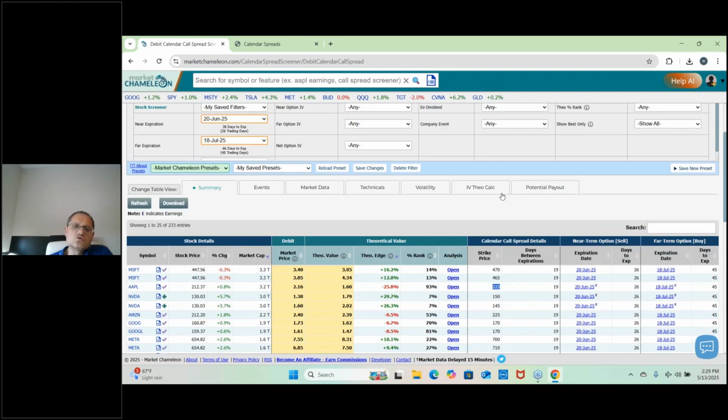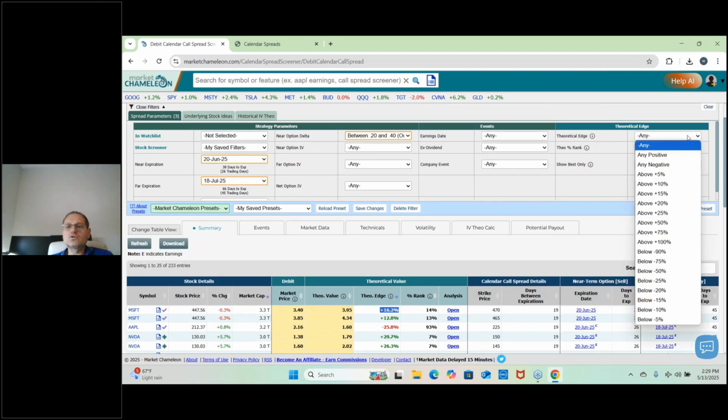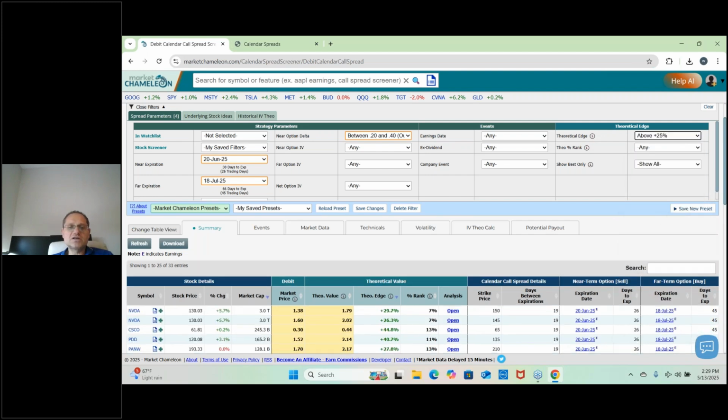And we can screen based on that theoretical edge or percentile rank. We can do it that way, and this looks at the historical term structure and sees if we're priced on the lower or higher end. So if we wanted to do it based on the theoretical edge, we could give it, like, let's say a 25%.